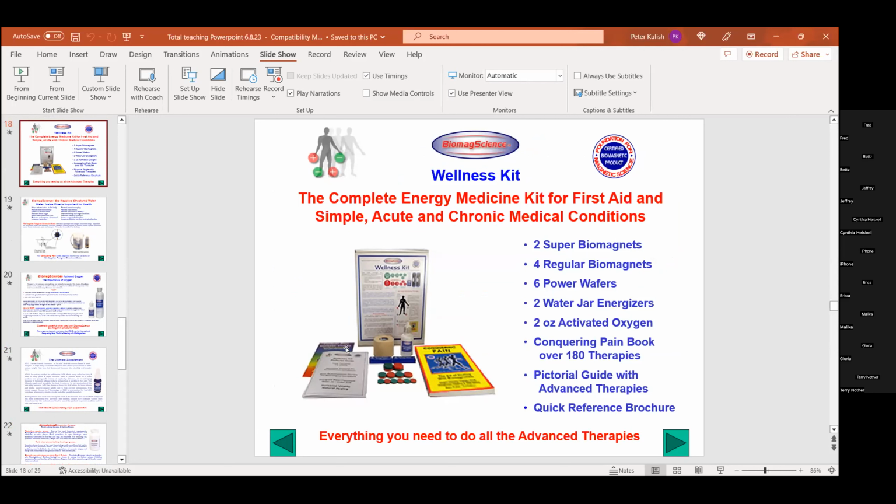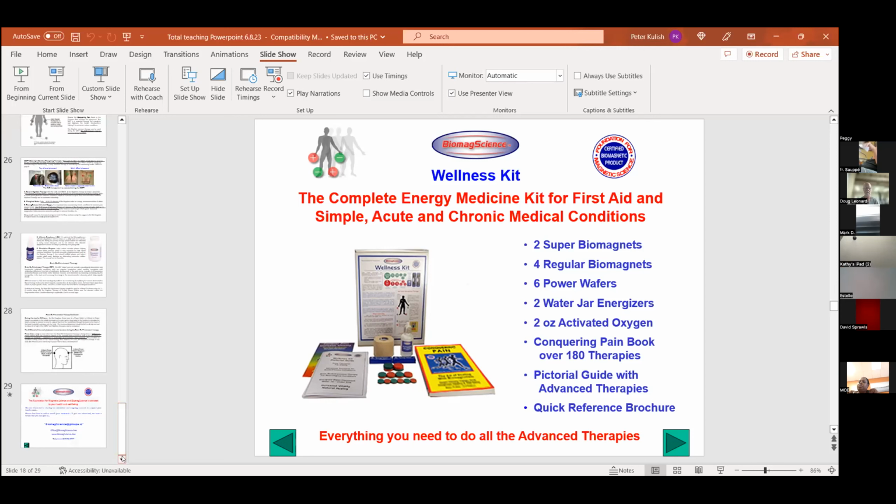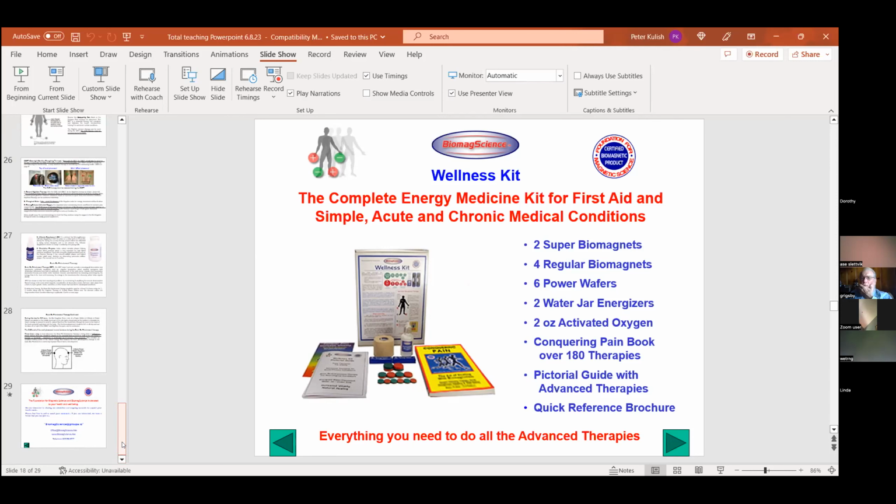You get a quick brochure that explains most of the elements in a very fast, concise manner. Basically, everything is there so that you can stay at home and do your therapy. And then, of course, we also provide therapy support through BiomagScience here at the offices.